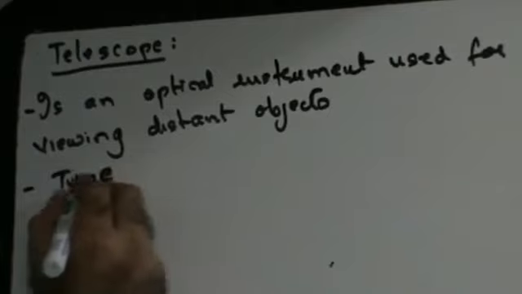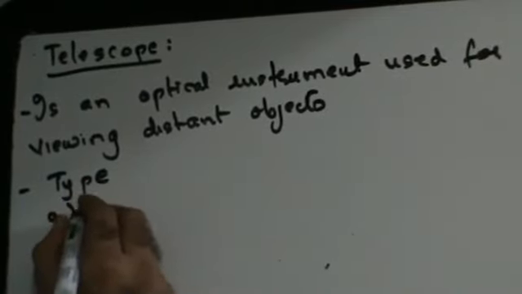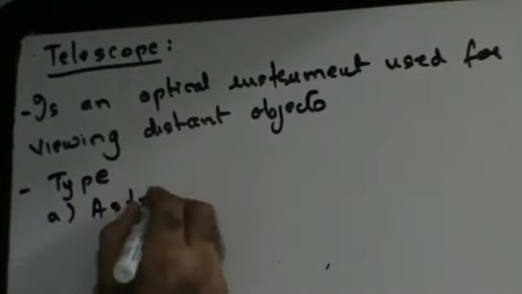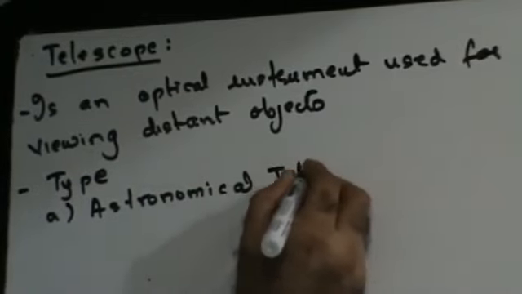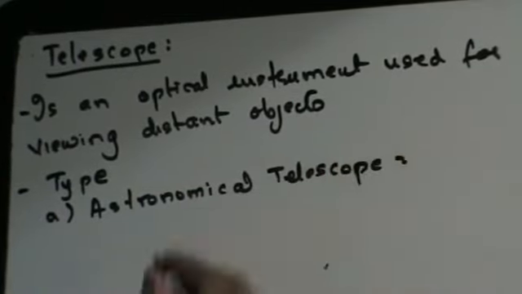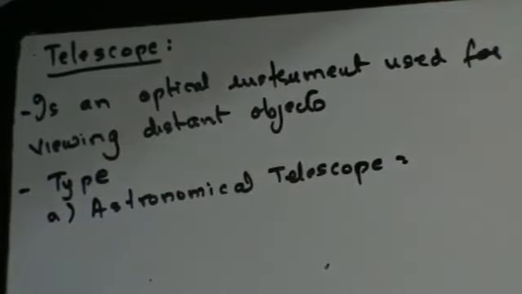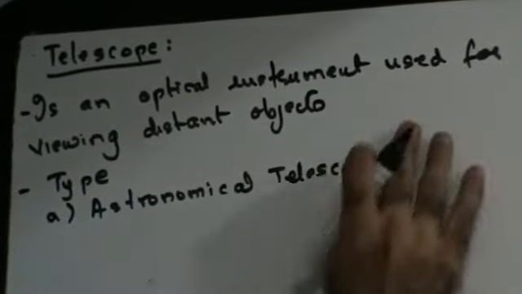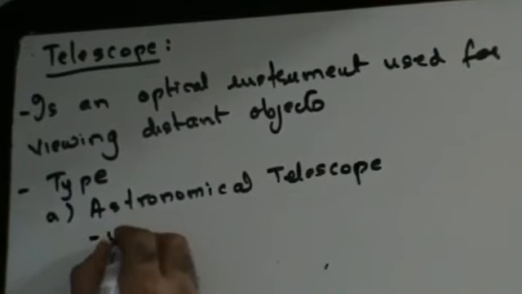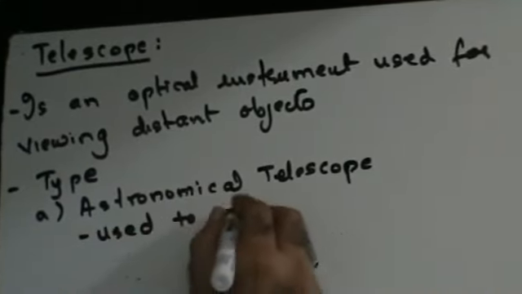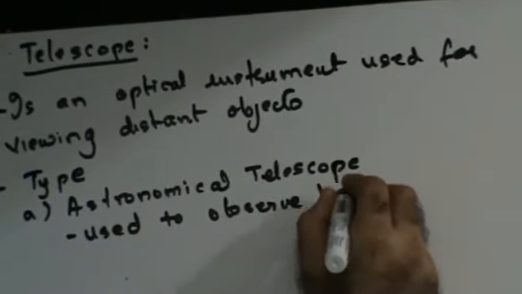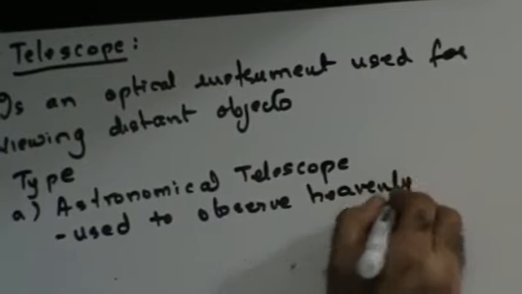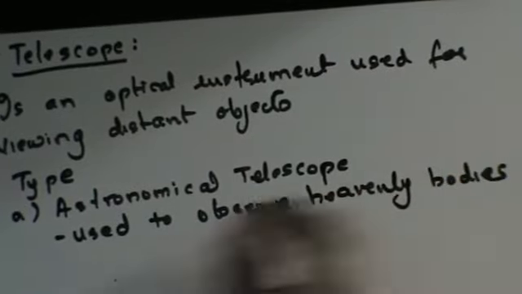There are two different types of telescope. One is called as an astronomical telescope. What is an astronomical telescope? An astronomical telescope is a telescope which is used to observe heavenly bodies. Right?